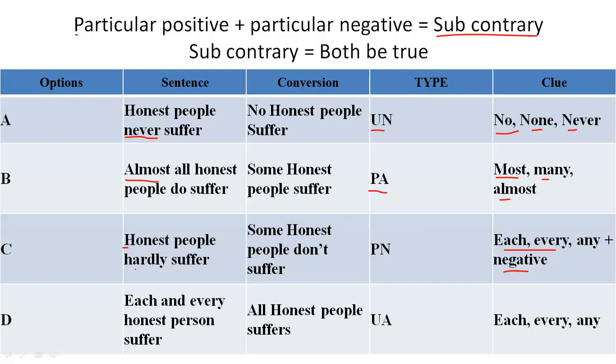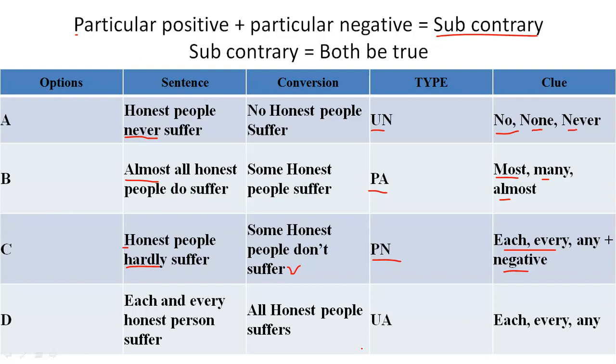If there is nothing mentioned, it also means each, every, any case. When that is joined with hardly, which is a negative word, they indirectly mention that some honest people don't suffer. So the conversion I have written here is also correct. So this is particular negative, right? What we need is one particular positive or affirmative sentence and one particular negative sentence, and we got that.